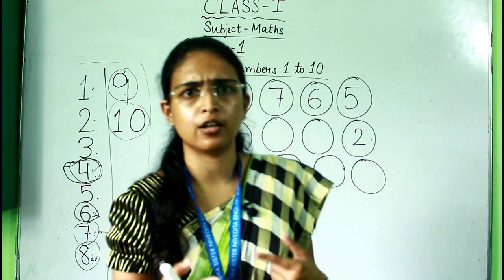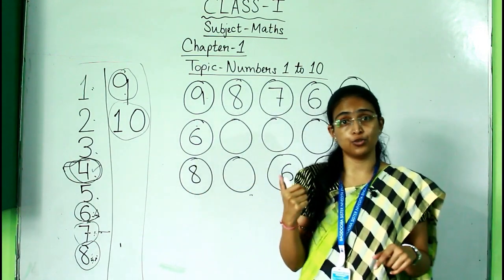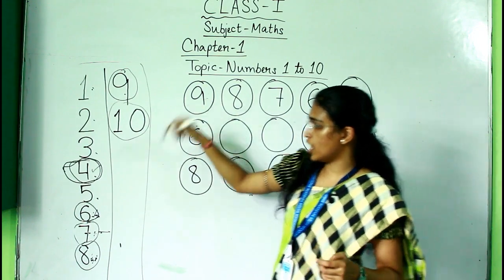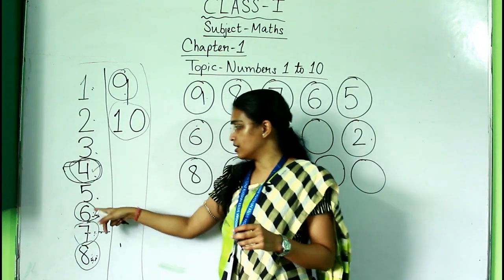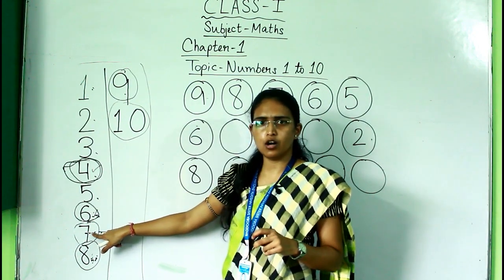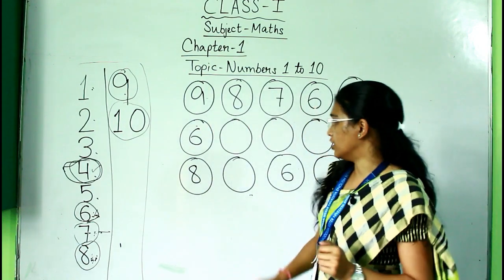Ushashi, can you say what comes before 6? Okay, now show me in this chart what comes before 6. This is 6. What comes before 6? 7. No. Then 5. Yes, very good.